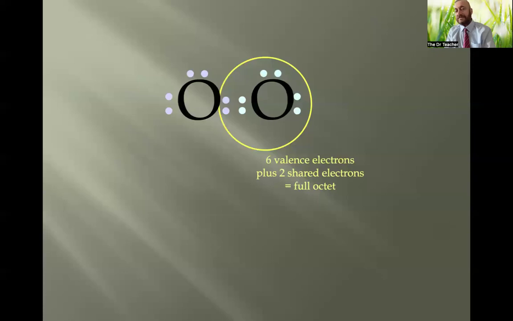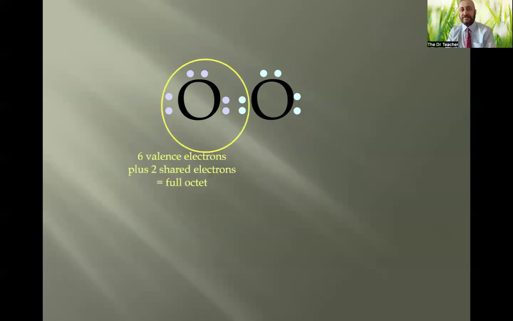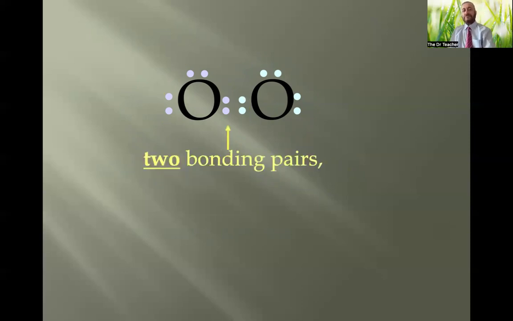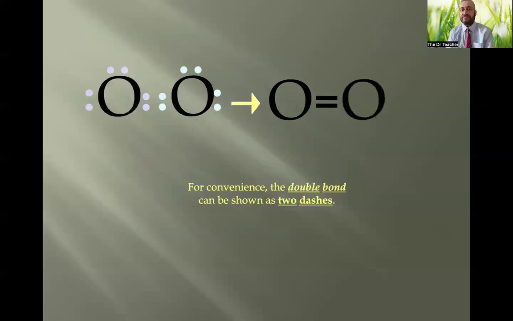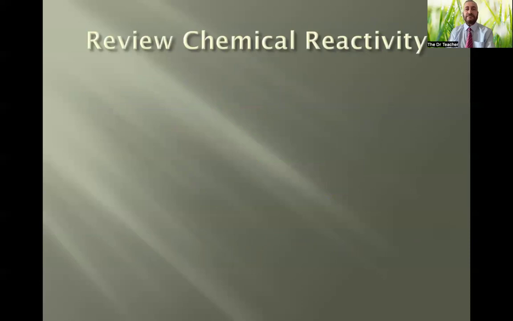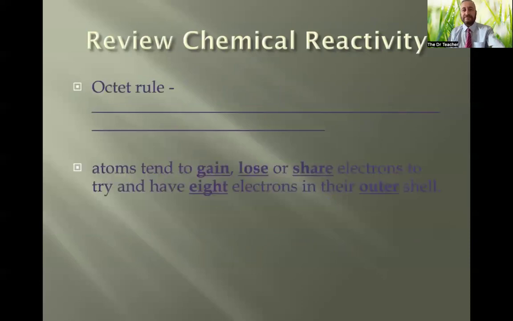Here we have 6 valence electrons plus 2, which makes a full octet, and the other one is similar. So each atom formed an octet, a stable valence shell, by sharing electrons with the other atom. This is 2 bonding pairs. That's it, we achieve a double bond. Now, review. Okay, thank you very much.